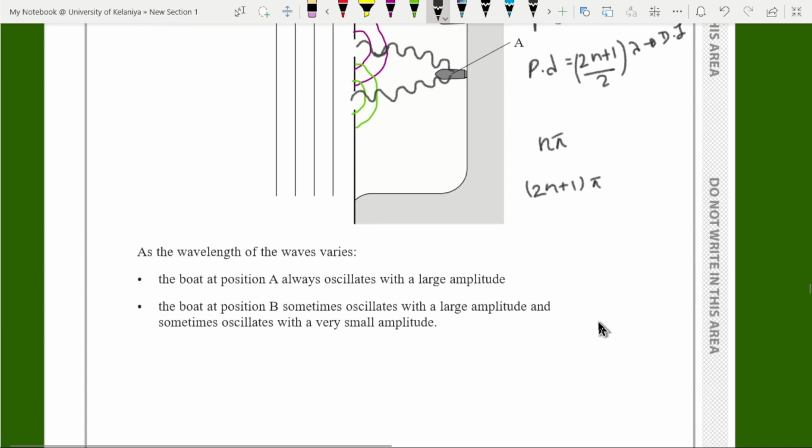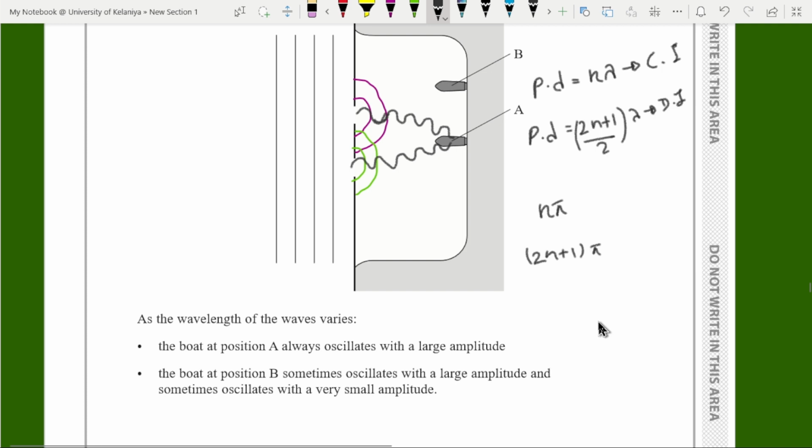The boat at position A always oscillates with a large amplitude, so there should be constructive interference at position A. Then the boat at position B sometimes oscillates with a large amplitude, which should be constructive interference, and sometimes with a very small amplitude, which should be destructive interference.